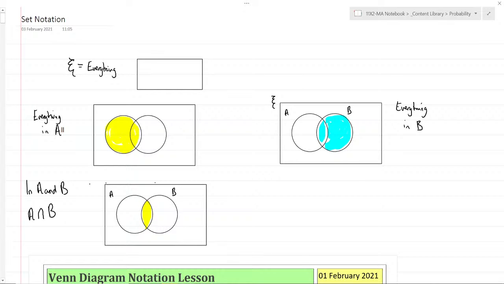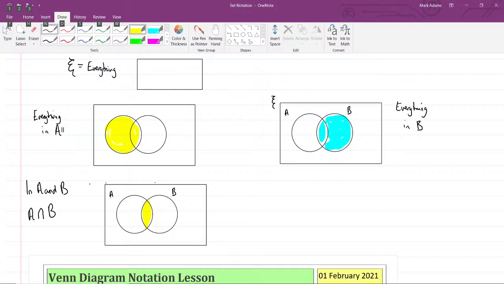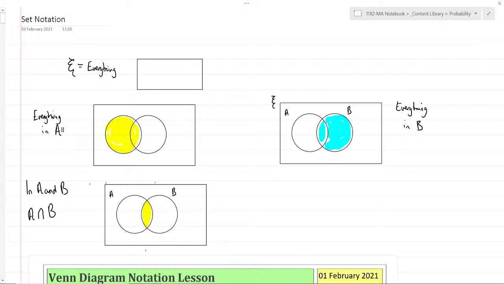So this is in A and B. And this symbol here means and. So get that down.